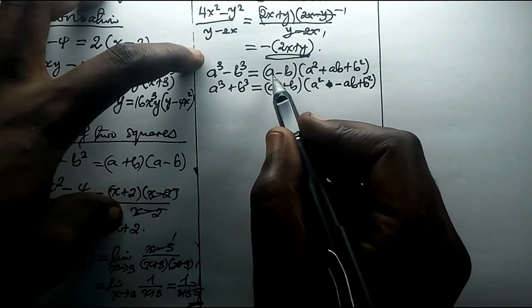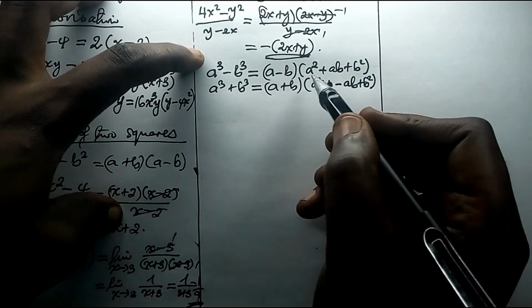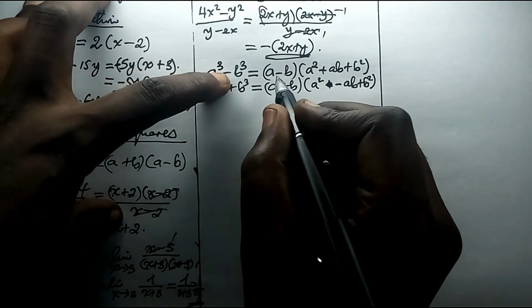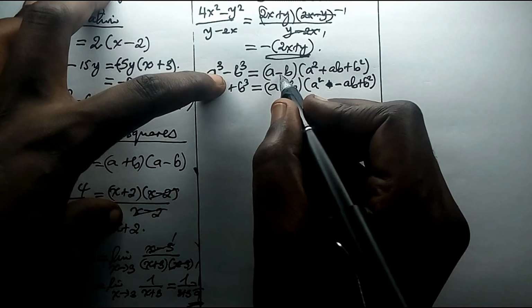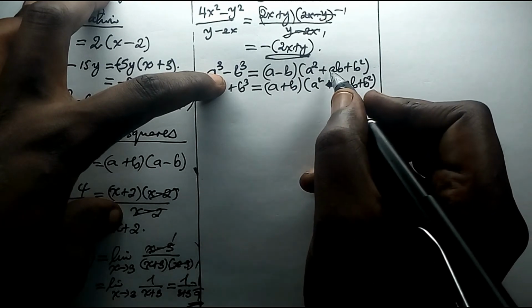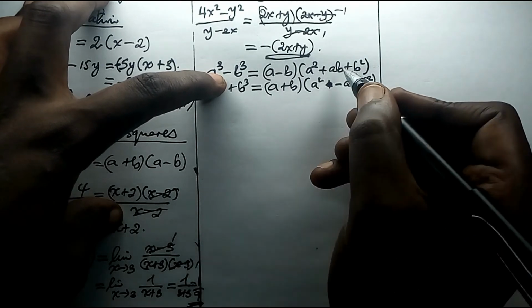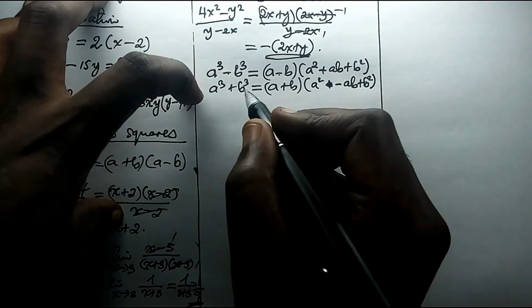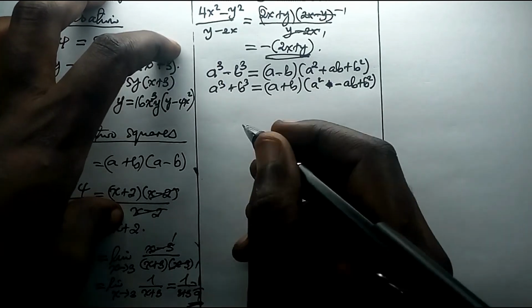So you can see that the terms are similar except for the signs. The sign between the cubes appears in the first factor, but the opposite sign in the middle term of the second factor. So minus, minus, and then plus, plus, plus, and then minus.